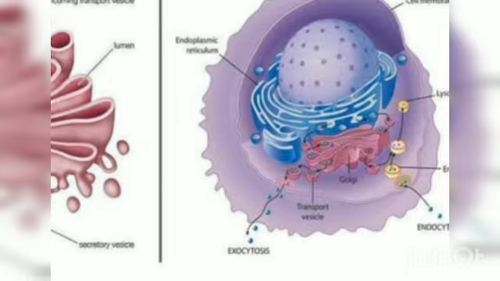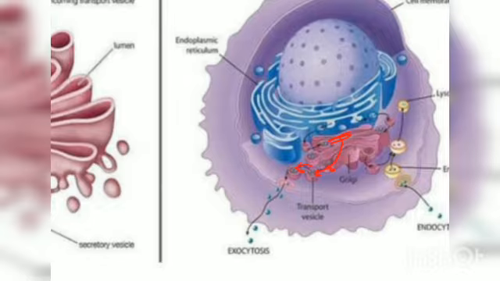Then in the Golgi apparatus it gets packaged after modification, and that packaged material exits from the trans face of your Golgi apparatus.